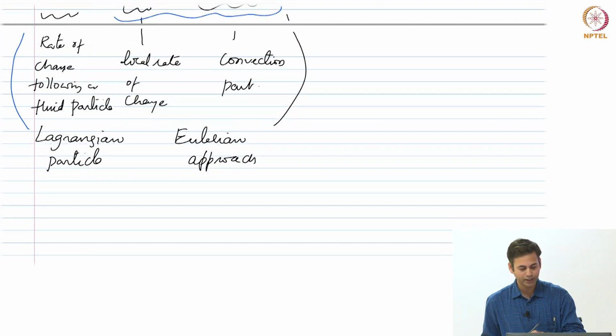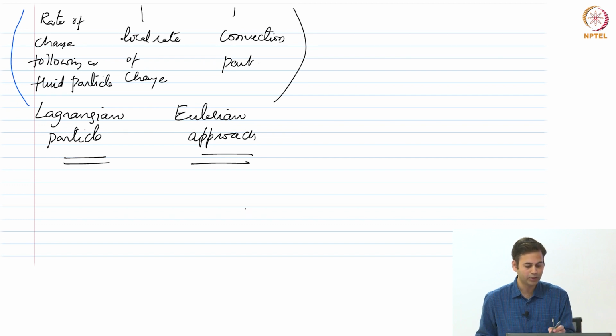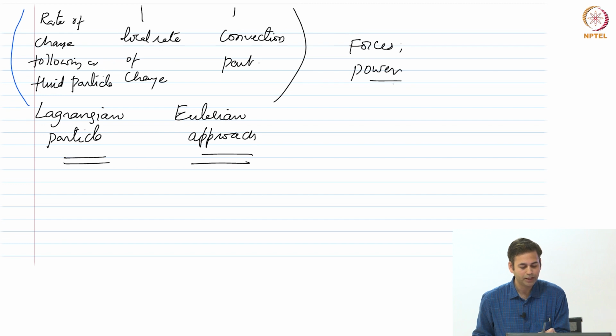Now, of course, we can write and derive equations in a Lagrangian approach. However, the most common approach is the Eulerian approach when it comes to fluid mechanics. That is because our interest is in calculating the forces and the power developed by a certain region.